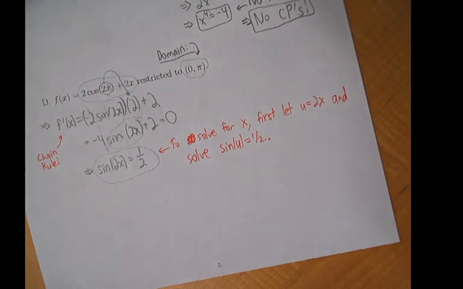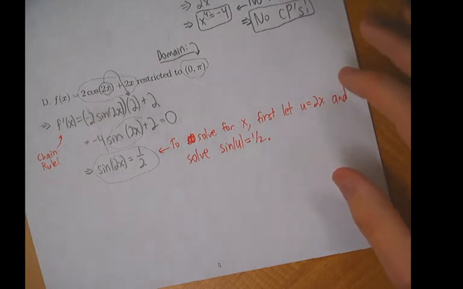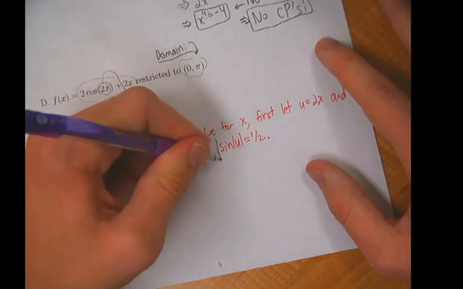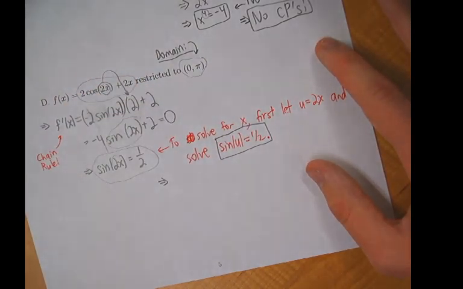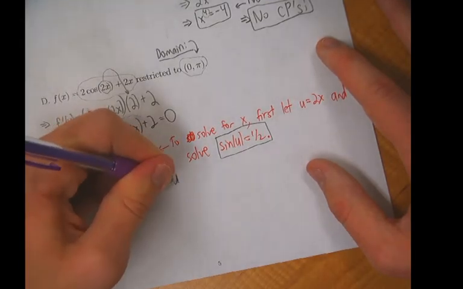Just to break things up and make things a bit easier to digest here. So as a result, if we just focus on this part here, we have that if sine of u equals 1/2, then u equals what?